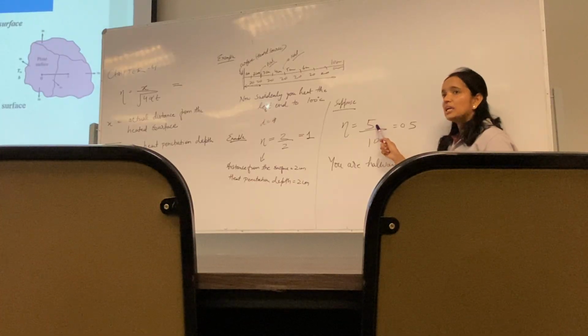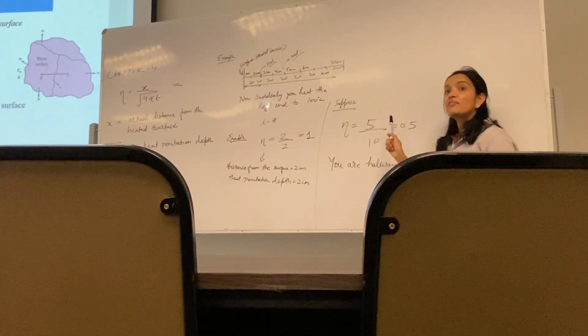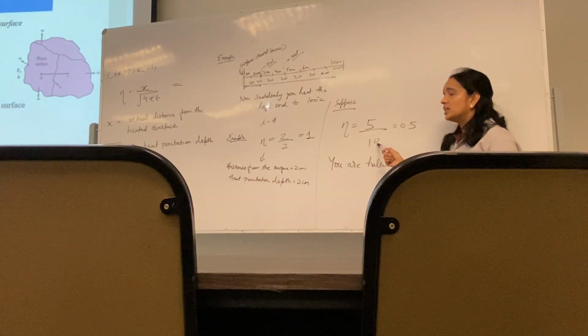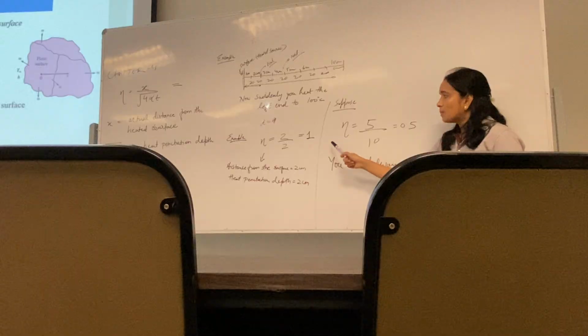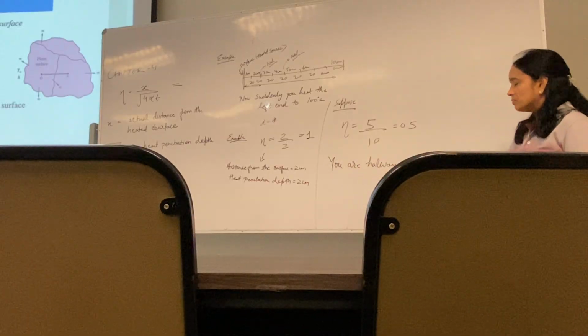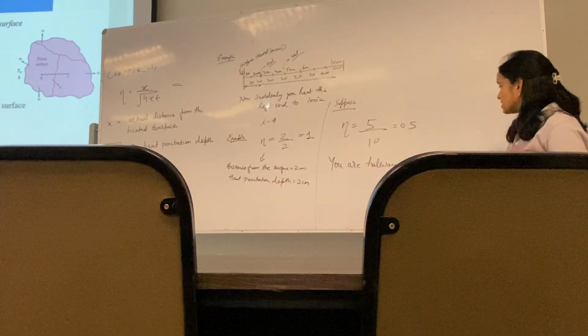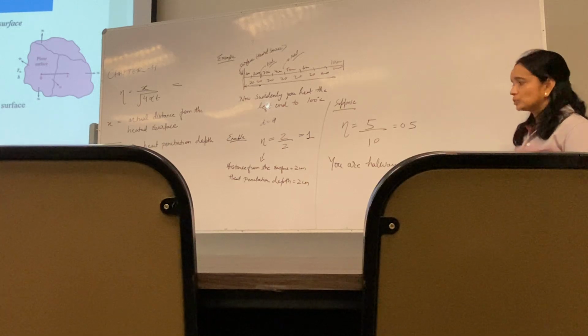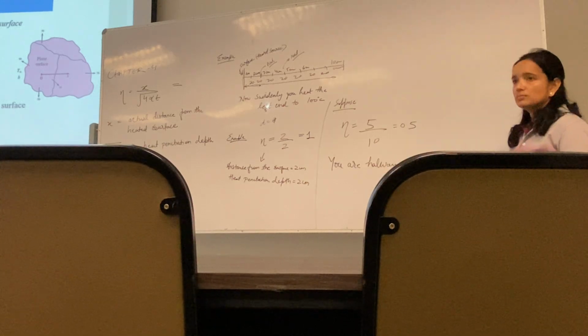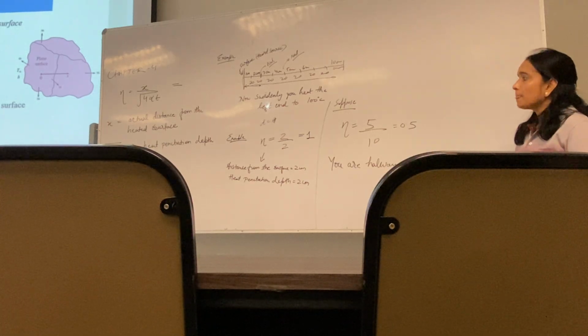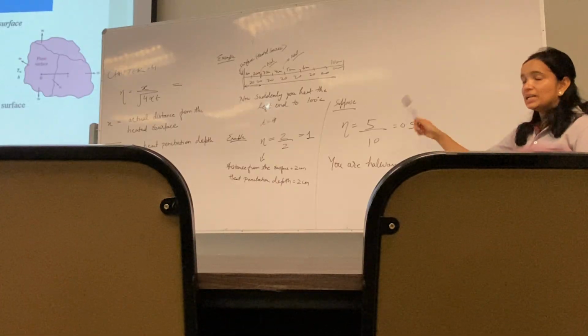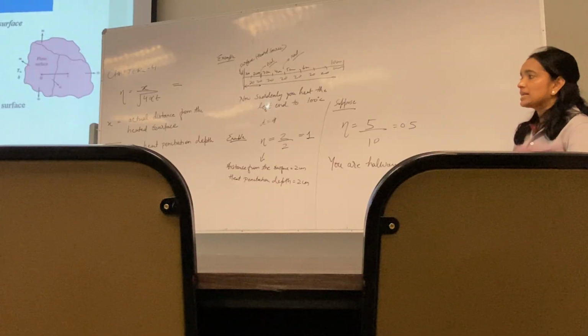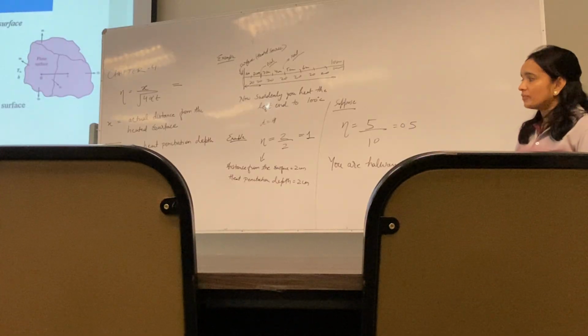Okay, you were standing here, your nail is here, or you are finding out the temperature here, and after t seconds the heat has penetrated here 10 centimeters. So by eta you can determine where you are in comparison to the heated region. Okay, in this case you are halfway through the heated region. Again you don't have to calculate this, you have a table, but I just wanted to explain the physical meaning of eta.